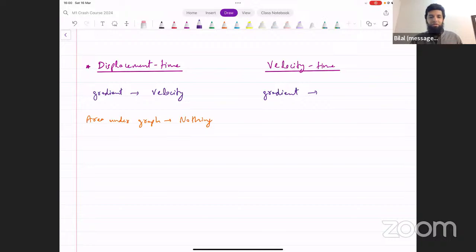Rate of change of velocity, what's that? That's the definition of acceleration. So gradient of the velocity time graph is going to give you acceleration. And the area under graph for a velocity time graph is going to give you displacement.